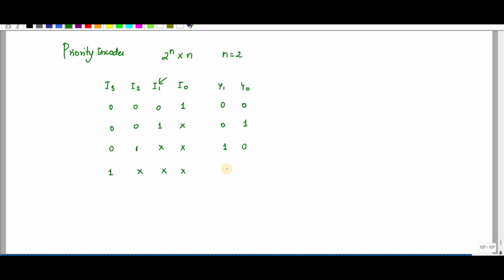Likewise, for I3 you should produce the output 1 1. If it is 0 0 0 0, then the output is XX. Here also you have an enable pin, and the enable pin must be 1.